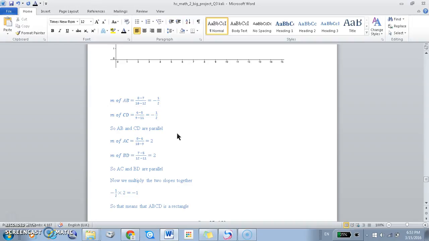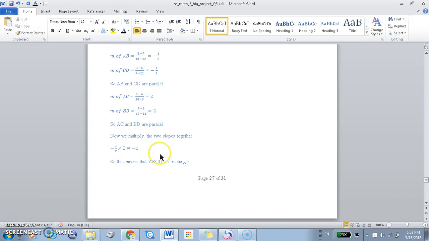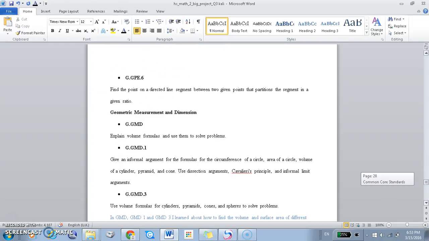So it means that AC and BD are parallel. So now we have to multiply the two slopes to see if it equals -1. And it does equal -1. So we've used all the tools to prove it. So this means that ABCD is a rectangle.